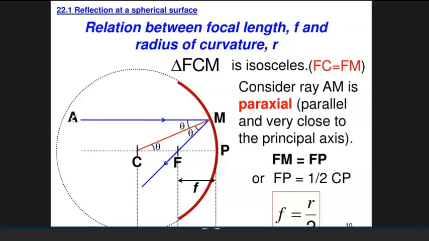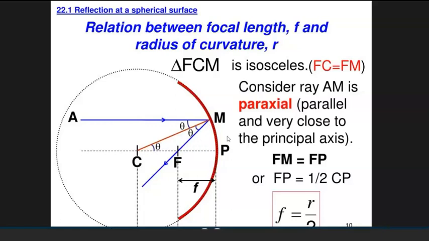Now, as this line is parallel to this virtual line, CM acts as a transversal. Therefore, alternate angles will be equal. So this is theta and this is also theta, alternate angles.